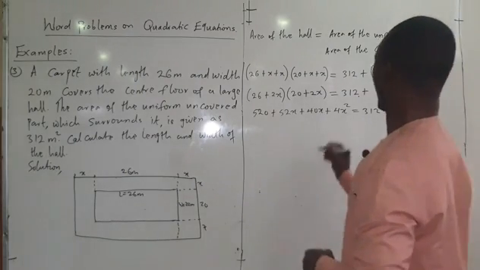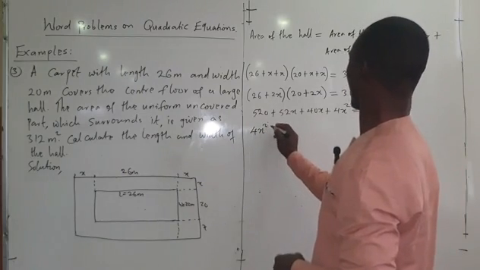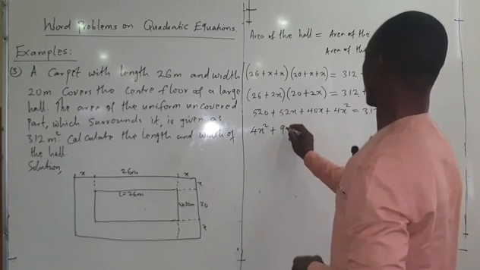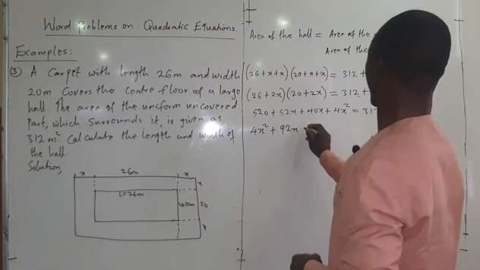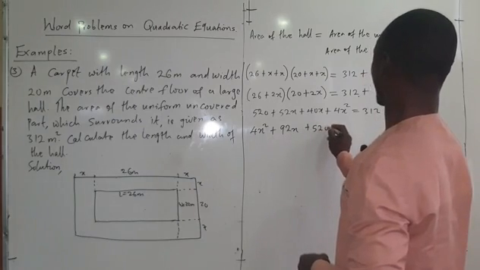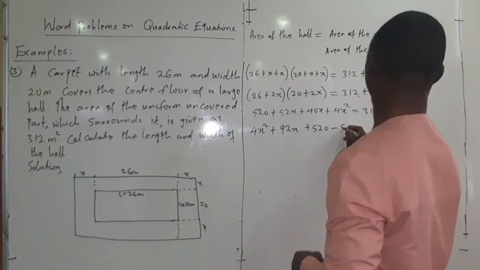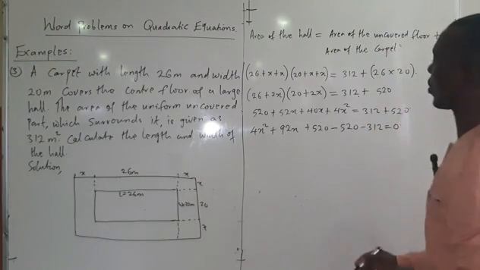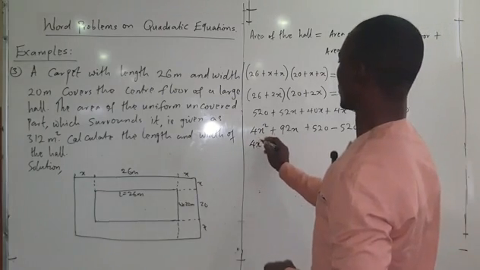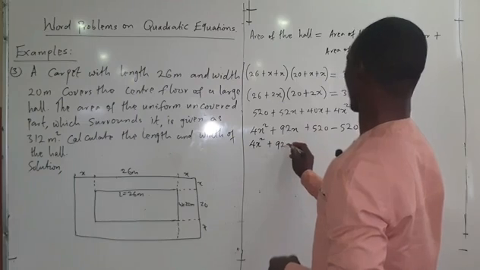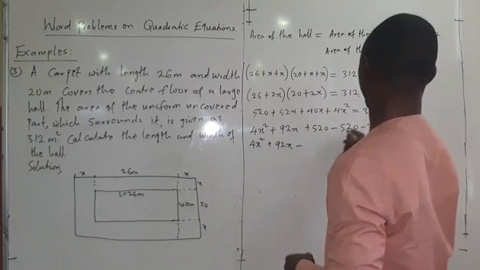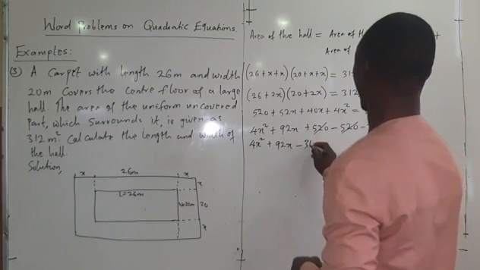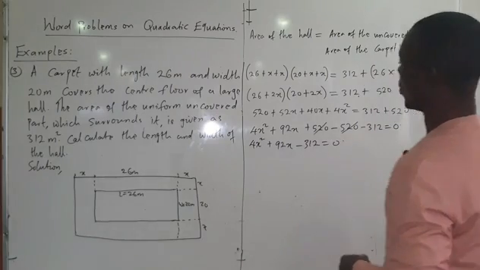Then here we have 4x squared plus 92x, plus 520 minus 520 minus 312 equals 0. So we have 4x squared plus 92x, 520 minus 520 is 0, so you are left with minus 312 equals 0.